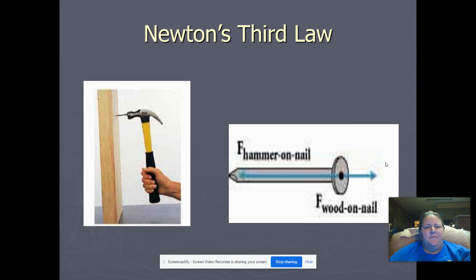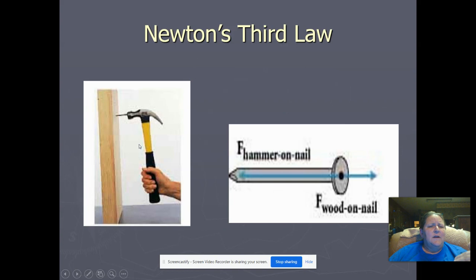Here's an example. I am nailing a nail into a piece of wood. Look at the nail. The hammer hits against the head of the nail. So that force is going to the left. Where the nail is touching the wood is pushing back on the nail. So opposite but equal.